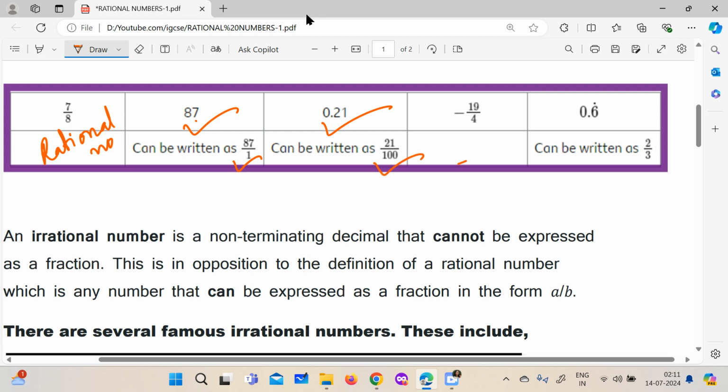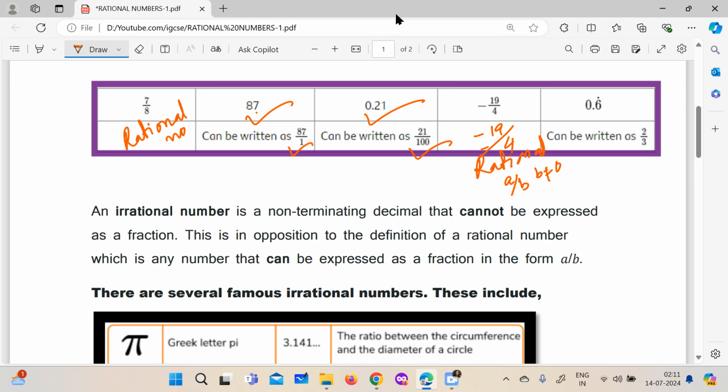Minus 19 over 4 is also a rational number because this is written in the form a over b where b is not equal to 0. Now, 0.6 recurring means 0.6 keeps on coming.